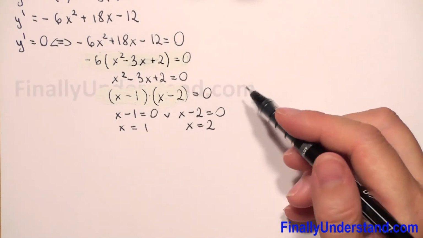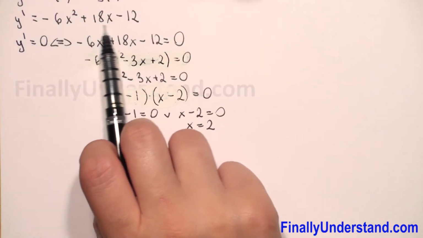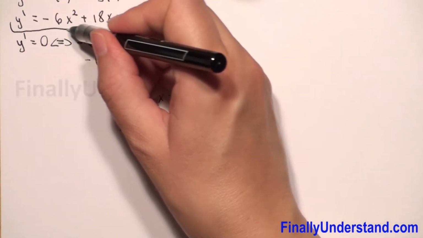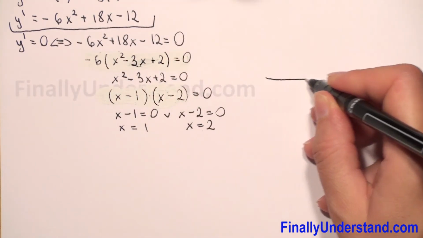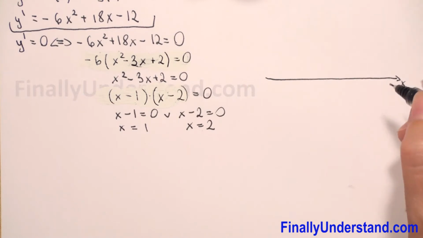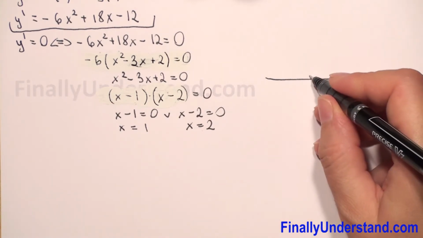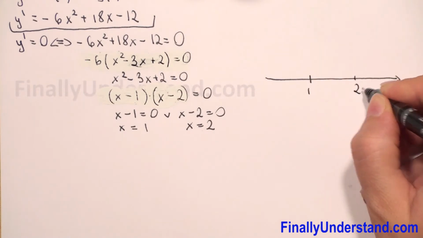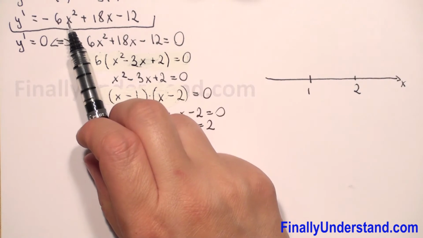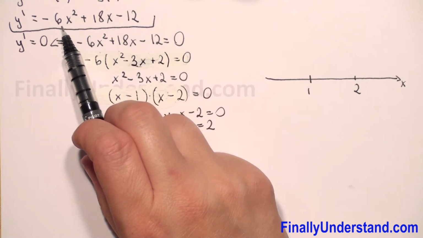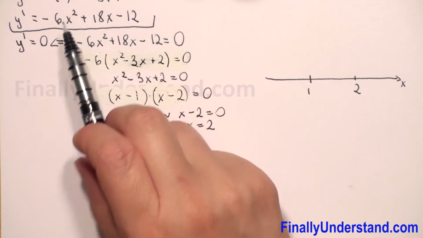Now we will draw the graph of our derivative, the first derivative function. So let me draw the x number line. We have two roots, 1 and 2. This is a quadratic function. The graph will be a parabola, opening down, because we have a negative coefficient before the x squared.